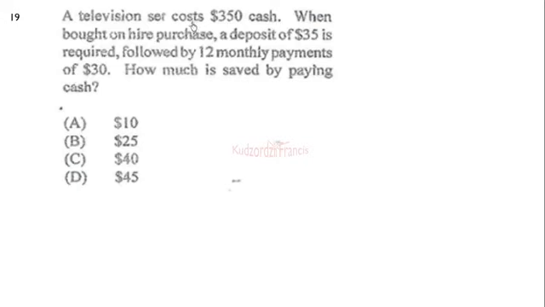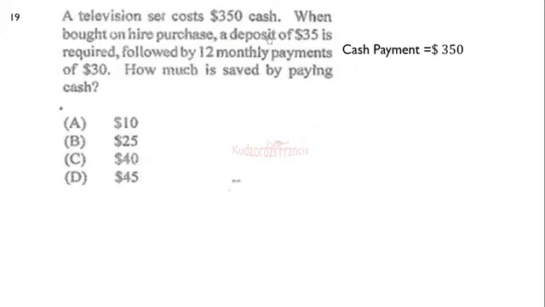A television set costs $350 cash. When bought on hire purchase, a deposit of $35 is required, followed by 12 monthly payments of $30. How much is saved by paying cash? So this one too, we are familiar with it.